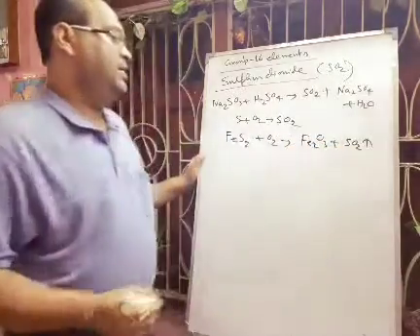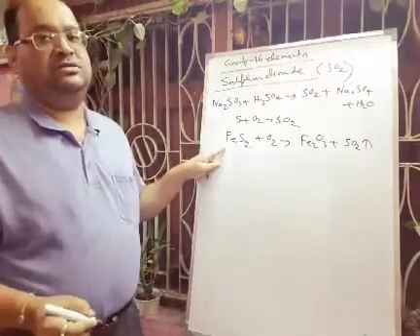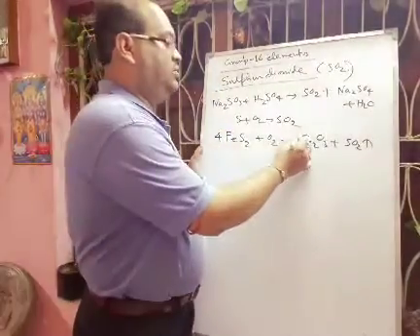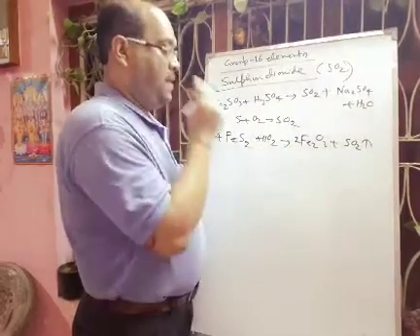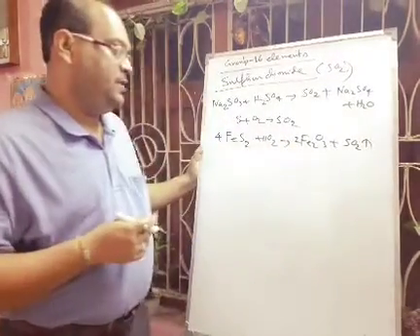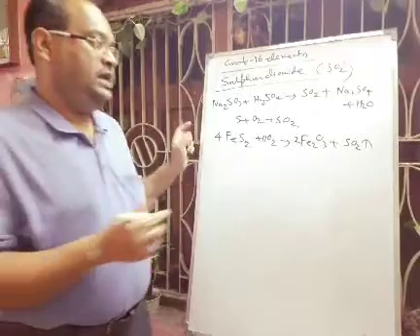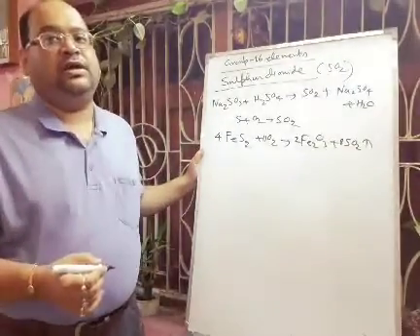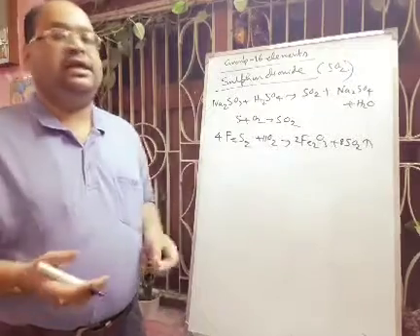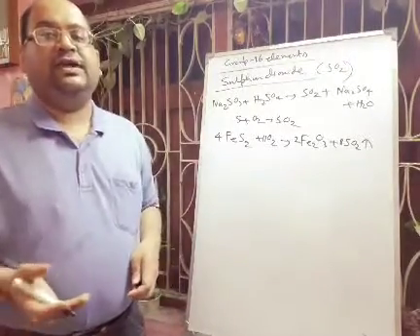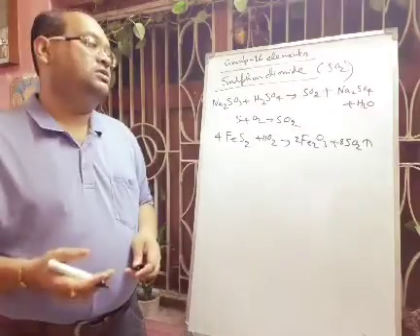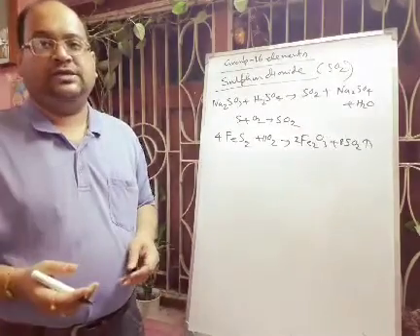Now you have to balance this. If you put 4 here, then you have to put 2. If you put 11, then sulfur will be 8SO2. Now I think it is balanced. Another thing, you can take lead sulfide or zinc sulfide, which will also react with oxygen, forming the corresponding lead oxide or zinc oxide and sulfur dioxide gas.